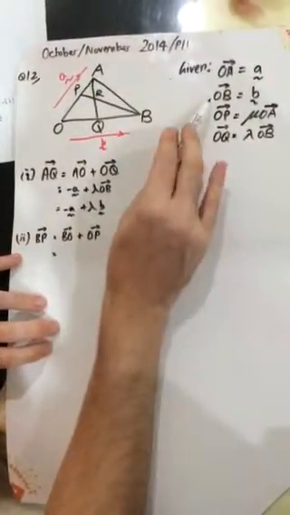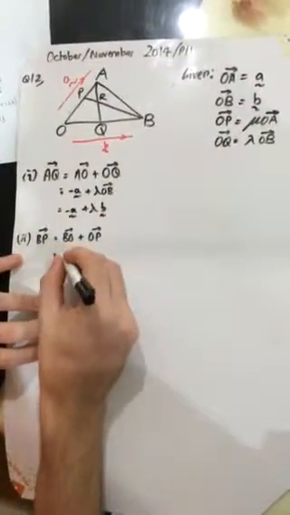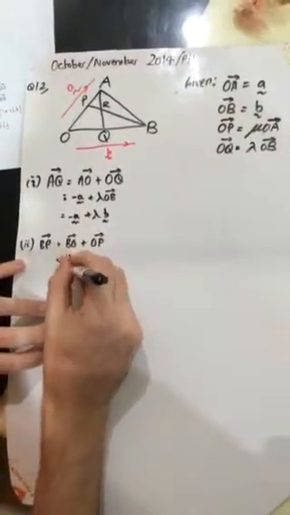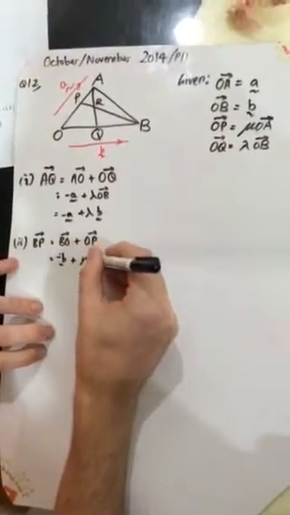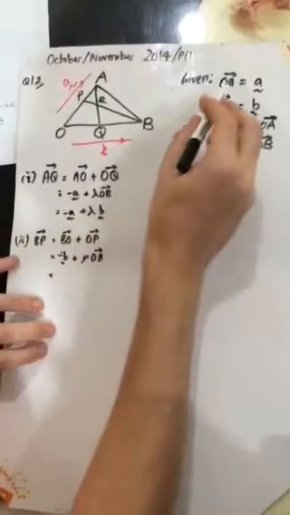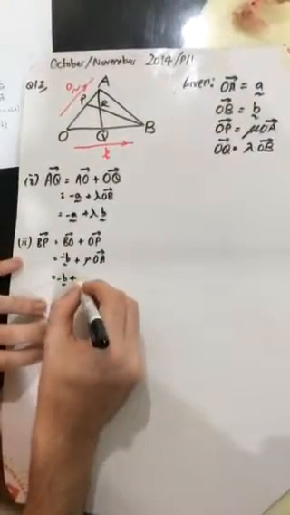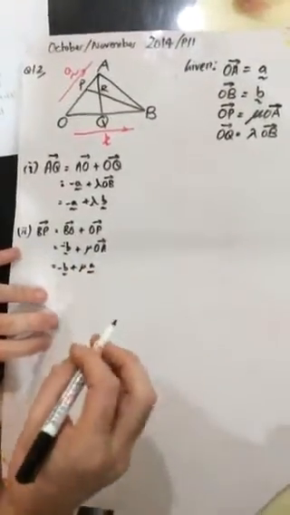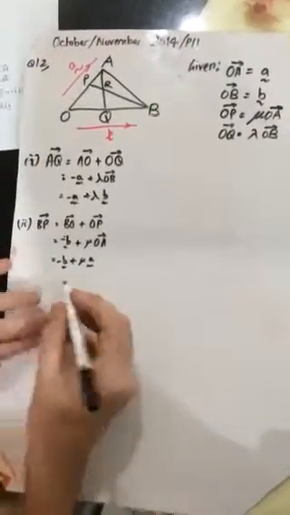As given in our question, BO is the opposite of OB, so we've got minus B plus OP, which is mu OA. And OA is given to us as vector A, so we've got minus B plus a constant multiplied by A. And those are our two solutions for part 1 and part 2.